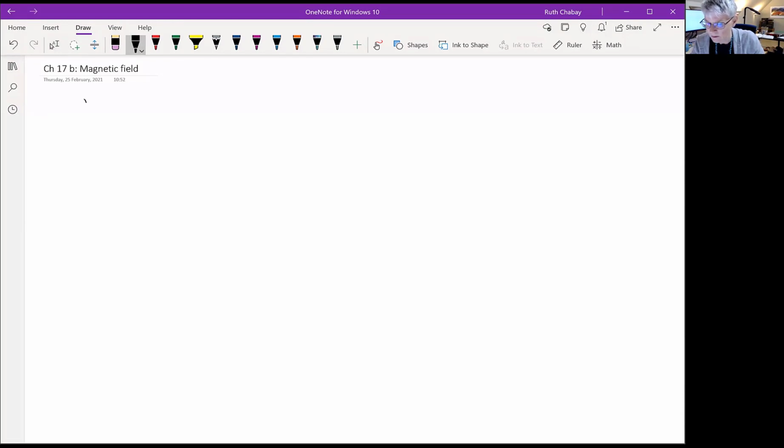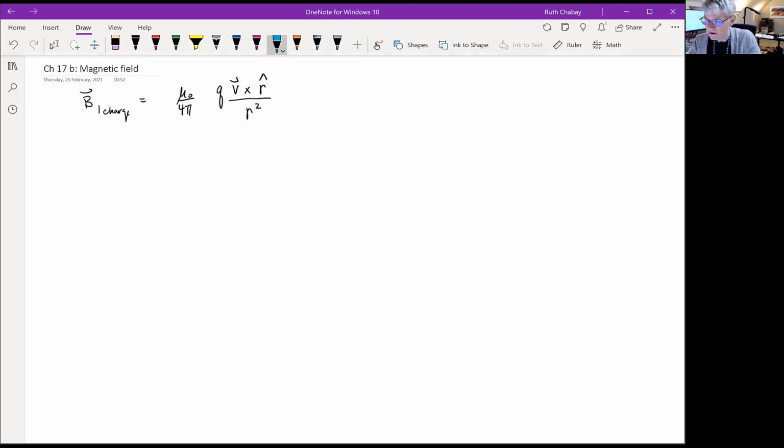So the magnetic field of a single charge is a constant, which is called mu0 over 4 pi. So this is the Greek mu sub 0 over 4 pi. It depends on the charge. It depends on the velocity of the particle. And it's the cross product of the velocity and r hat, where r is the vector to the observation location, and over r squared.